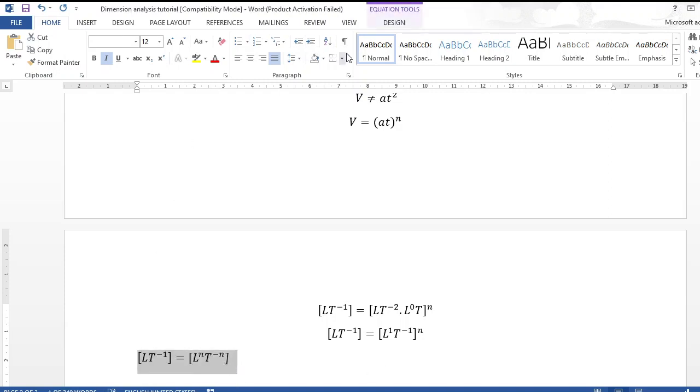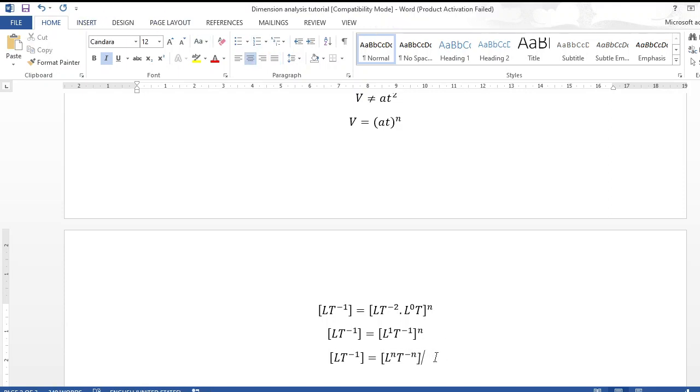So if you look at this case, what it means is, if you take L, we said in an equation, if the bases are the same, the powers should also be the same. So if I just take L, it has the power of n. It means the power of L on the other side is only 1.